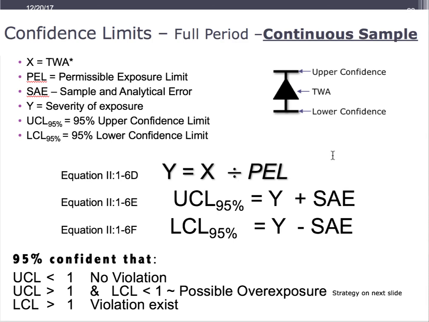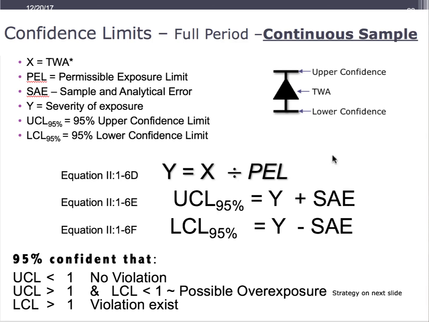And we use 1 as our starting point because if you had a time-weighted average of 1 and you divided it by a PEL of 1, you would get 1. Or if you had a time-weighted average of 6 and you divided it by a PEL of 6, you would get 1, right? Your severity would be 100%.